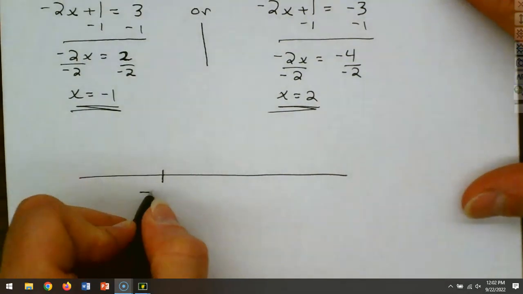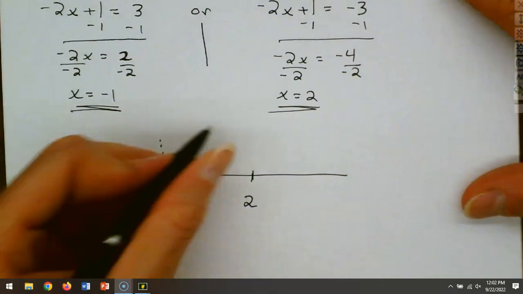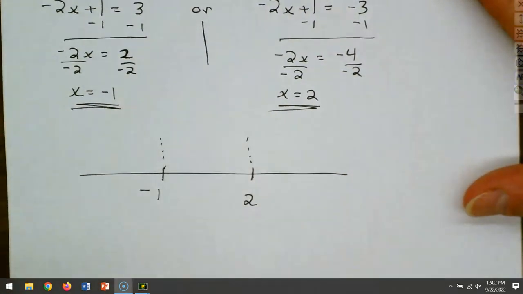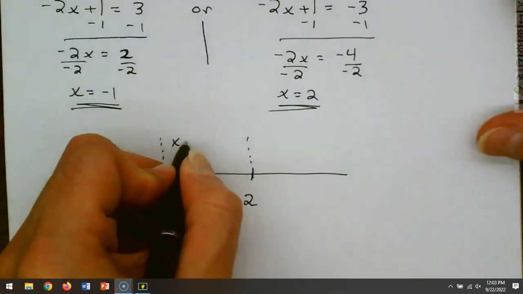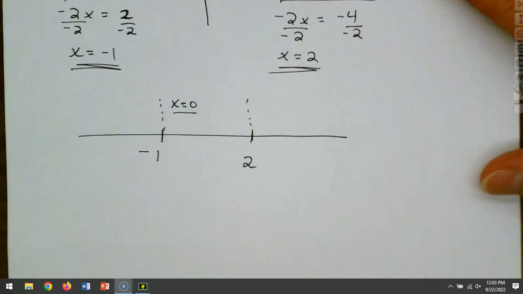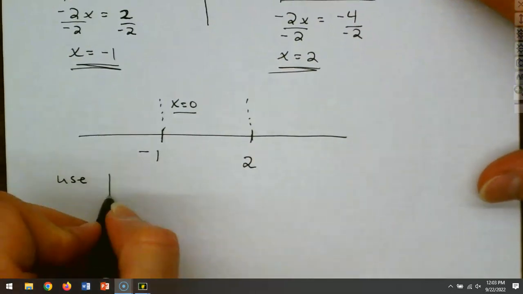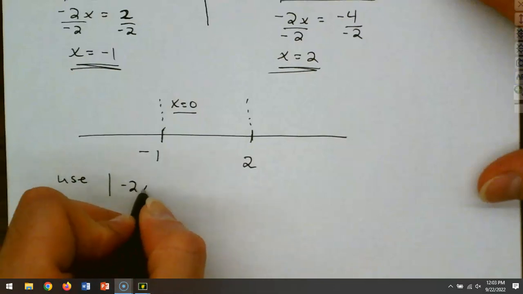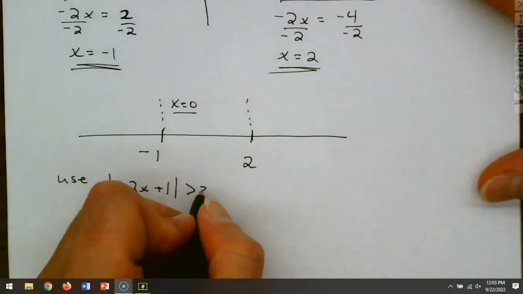And we've got -1 and +2. I do not have to check a number from each region. All I have to check is 0. And where's 0 at? 0's in the middle. So we're going to check x equals 0 now. And we're going to use the absolute value of -2x plus 1 is greater than 3. So use that 0.